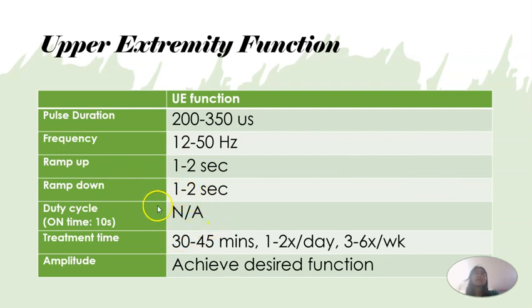Ibig sabihin kasi niyan, it depends kung ano yung desired function or yung desired activity na gusto nyong paggawa kay patient. Nasa sa inyo kung ang patient ba is too weak or too slow to execute the needed task. Okay? So, itatansya nyo yan kung ano ang on time niya and ano yung off time niya.